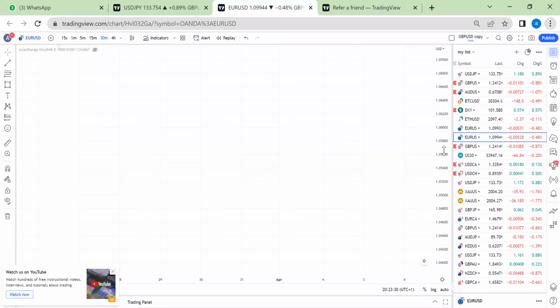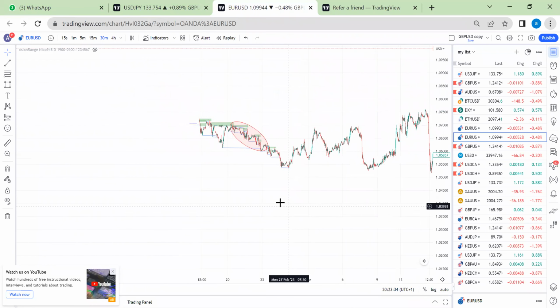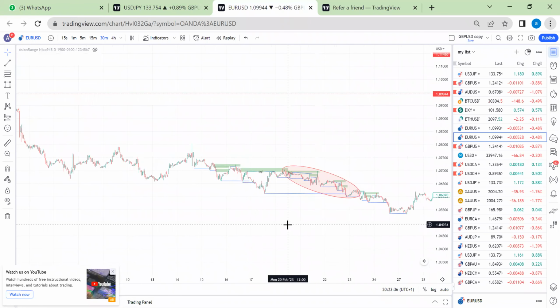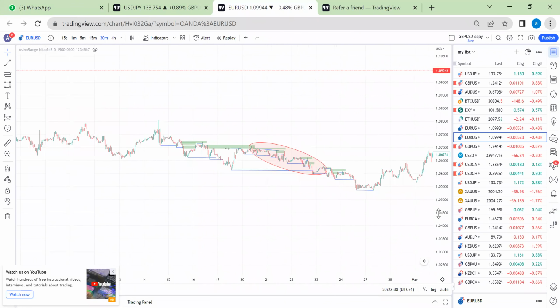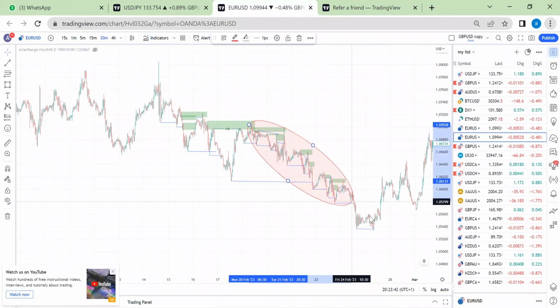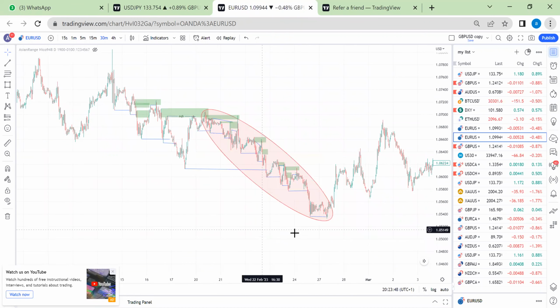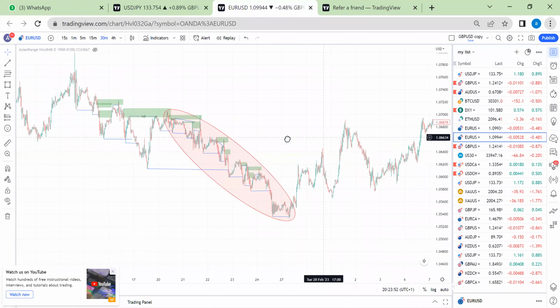Let me go back to that 30 minutes where we trade this from. You see? So all this is internal structure. We had our last break of structure here on this higher time frame, and from there price started moving up again.